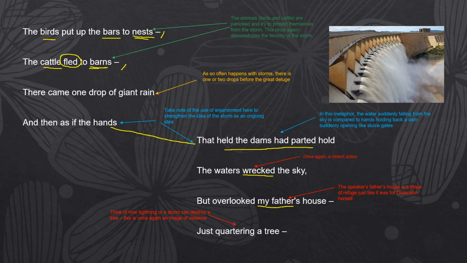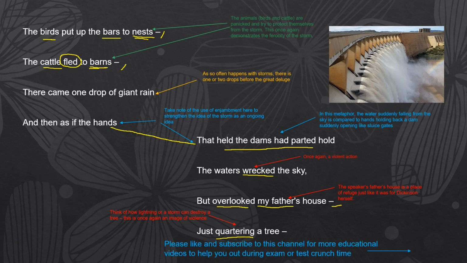In other words, it bypasses the father's house with a little dash over there, and it ends off saying, just quartering a tree. Now, to quarter something means to divide it into four, but there are also other connotations to this word quartering. It's something that was done to people when they tortured them, and they would literally rip their limbs apart. So this poem ends off with this very violent image of what the lightning and what the storm does to a tree.